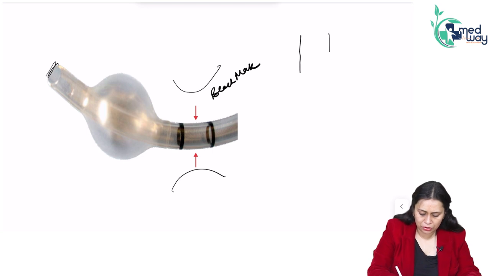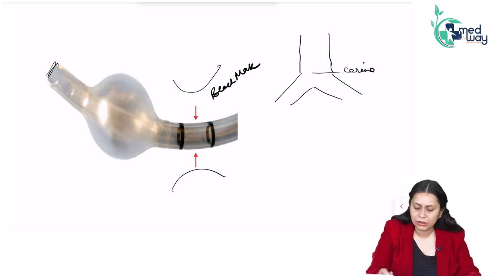If you see, this is your trachea, this is right and left bronchus, this is the carina. We want to keep the tube above carina. We don't want to make it endobronchial, then only one lung will get ventilated. And even if it is touching the carina, the risk of stimulating a lot of reflexes would be there. So, we try to keep it above carina.